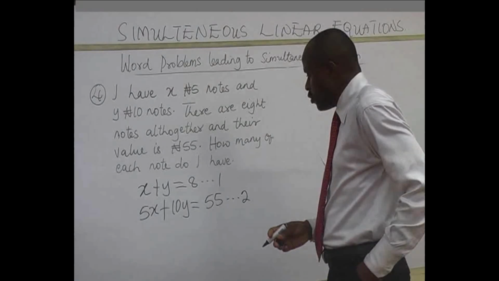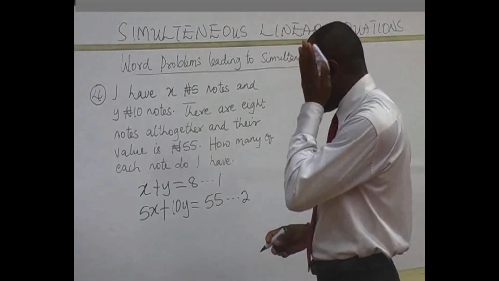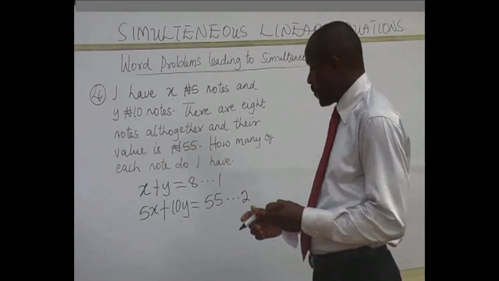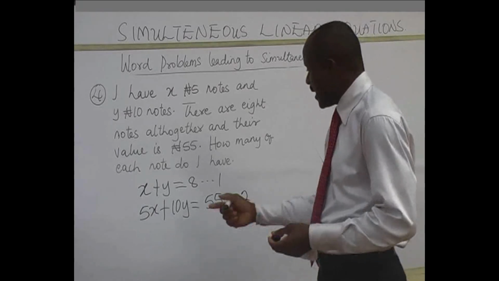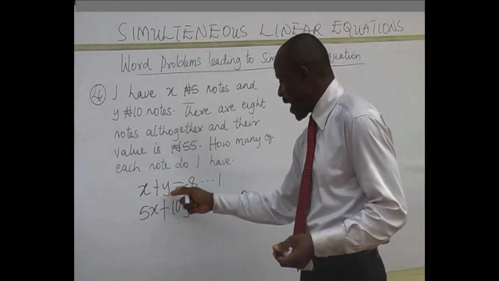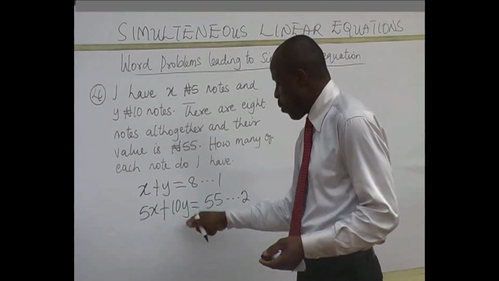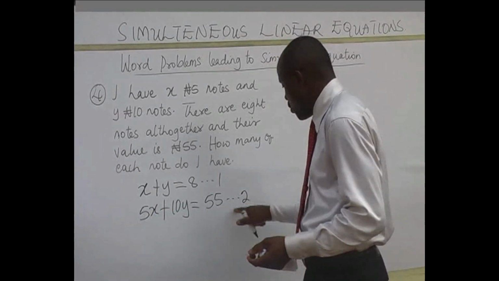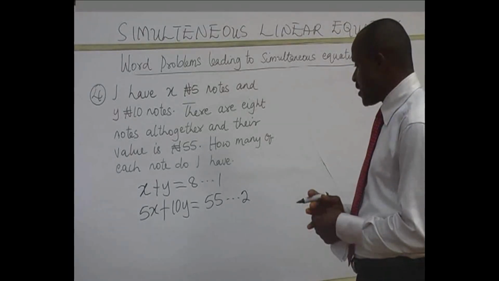I would like us to use any of our methods, but not the graphical method, to solve this simultaneous equation. Now that you have arrived at X plus Y is equal to 8, equation 1, and 5X plus 10Y is equal to 55, equation 2, let's use the elimination method.